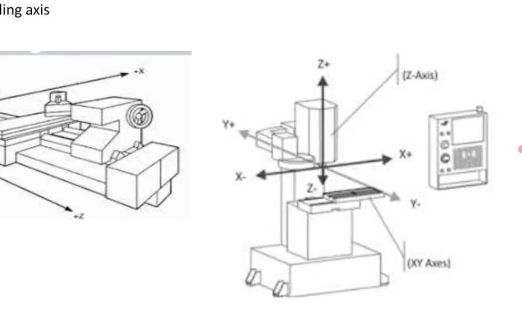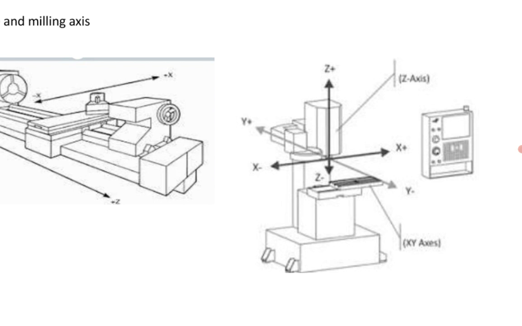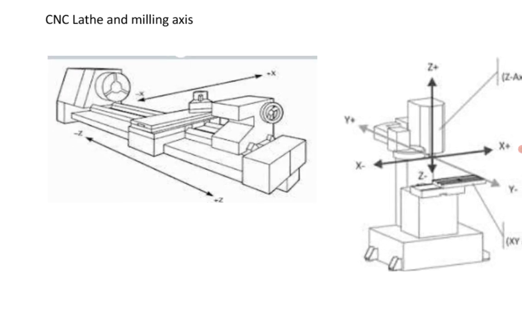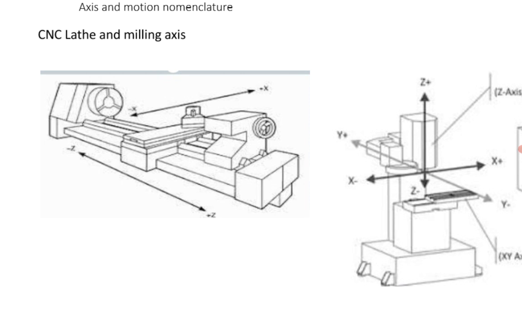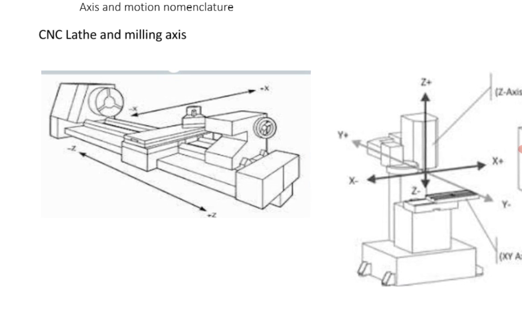The notations x direction, y direction and z direction, all three can be seen here in the milling machine, whereas in the case of turning, you can observe that only two axes are considered, that is x and z.